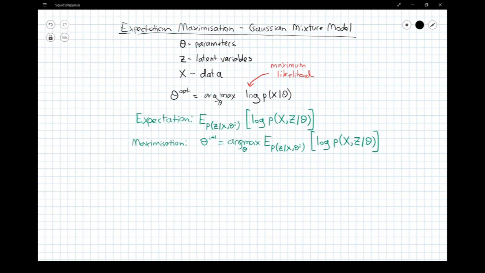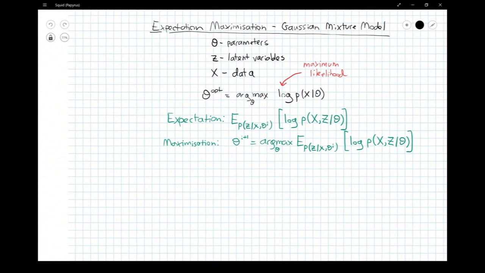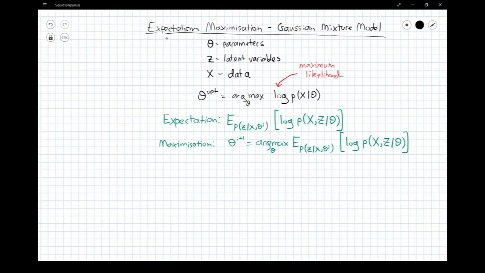We then went on to show that if you do the expectation maximisation algorithm, we use it to find optimum parameters, theta, where the optimum is defined as the theta that maximises the likelihood and therefore the log likelihood. So it's the theta that maximises the probability of witnessing our data.